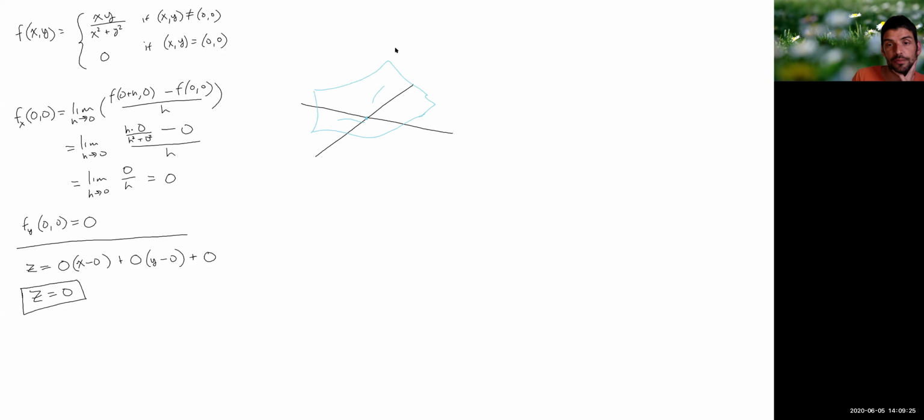Let's test what some of the nearby values are. For instance, if this is the x-axis and this is the y-axis, the positive x, positive y, what if we were to put in values for our function along the line? So this green line, imagine this being a green line living in the xy plane.